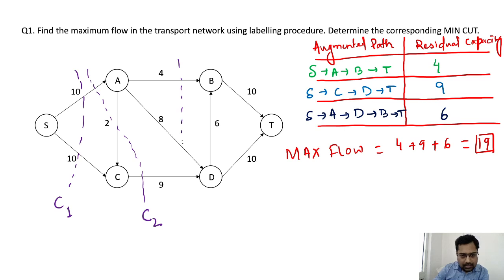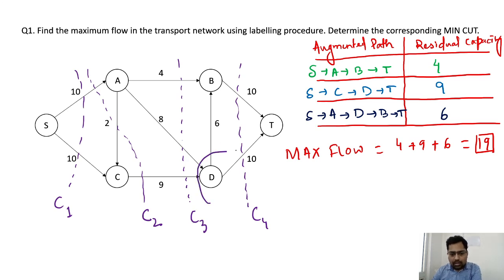If I consider this C3, it could have A, C, S on one side, and B, D, T on the other side. Okay, this could be done. Another you can do is C4, but you cannot say it's C5 because source and sink are in the same group. That's why we shouldn't say it's a cut.